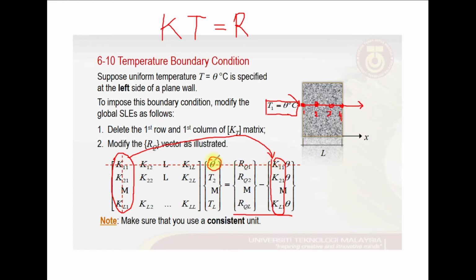Then we multiply all the coefficients that we bring to the right hand side by the known temperature on node number 1, or the temperature representing the left surface of our wall. So this is how we can deal with the temperature boundary conditions.